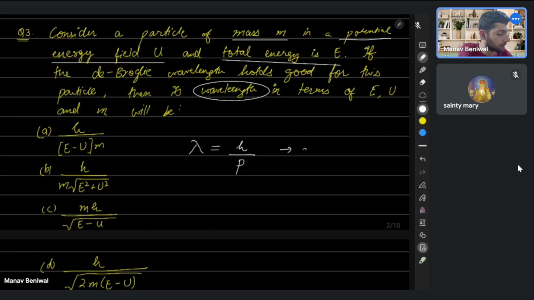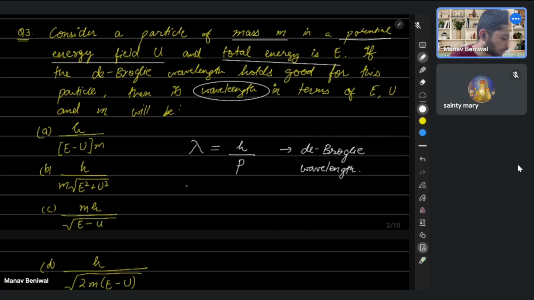This is the de Broglie wavelength. Now we know h. What we need to find is the momentum. We are given total energy E and the potential energy U.